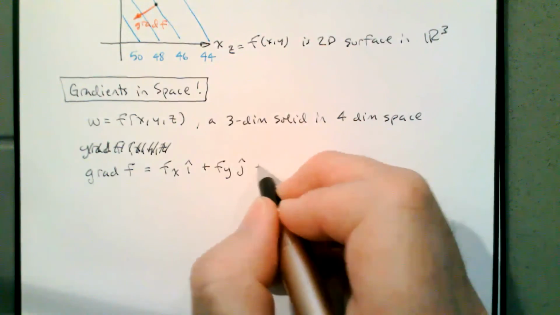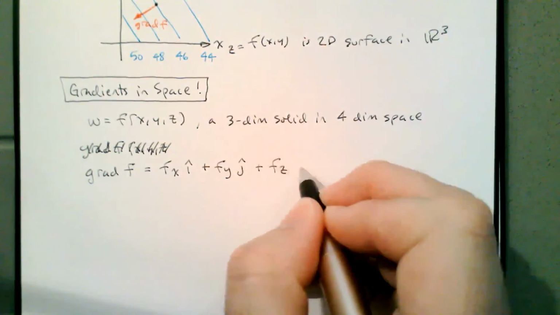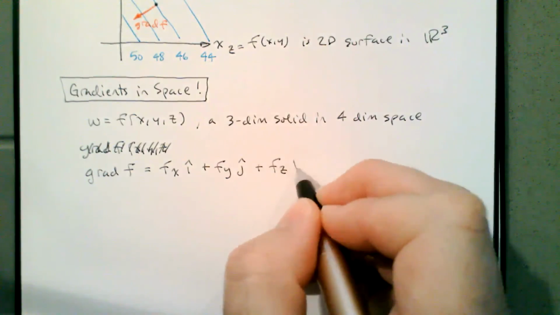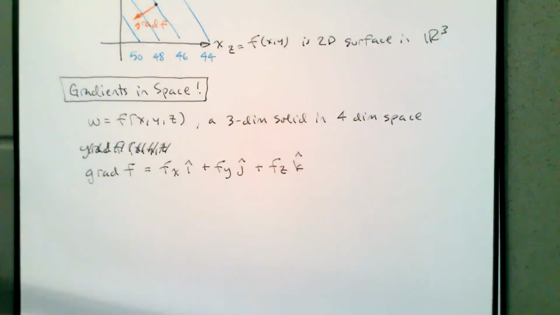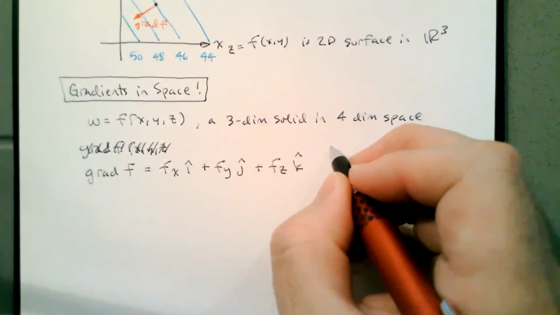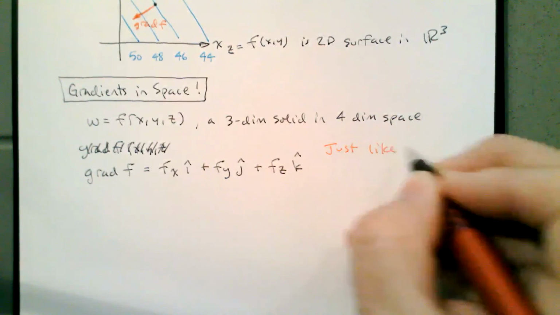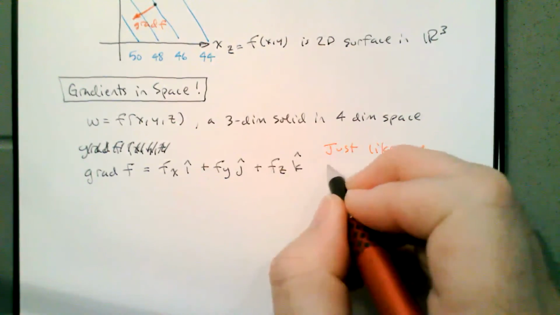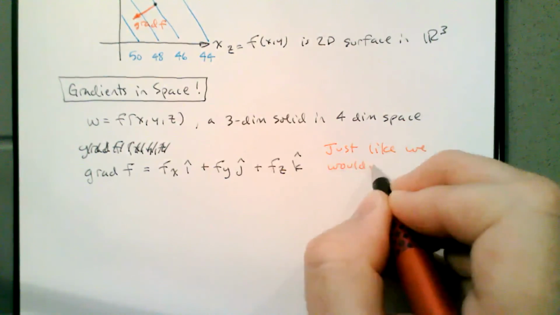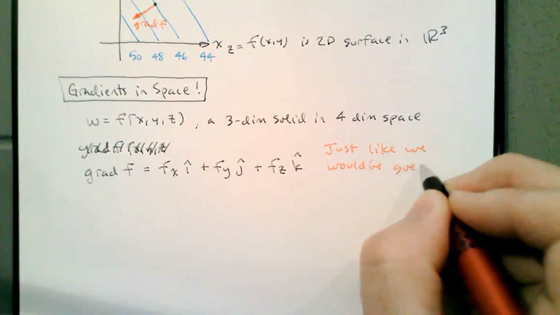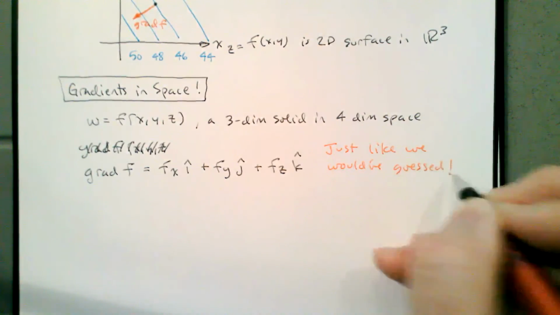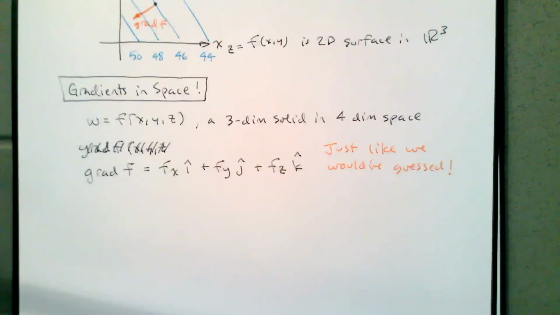So I'm just going to drop a third term, the z derivative in the k direction. Just like we would have guessed.